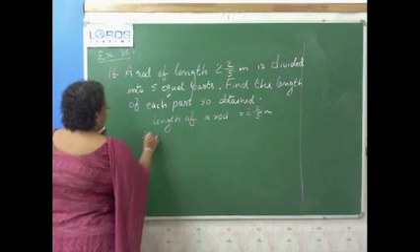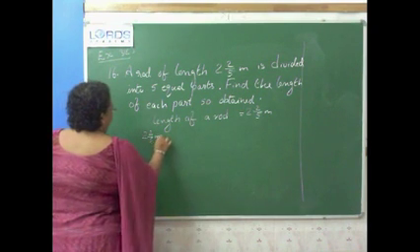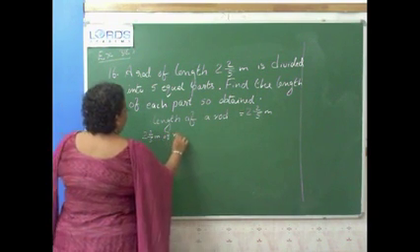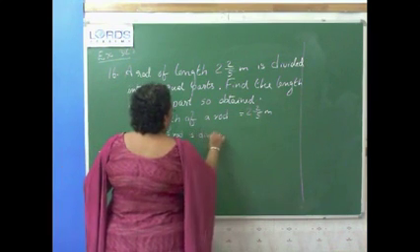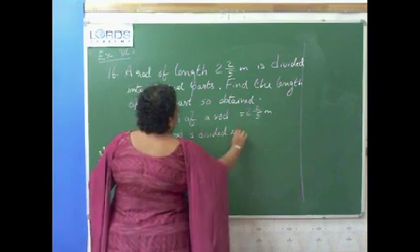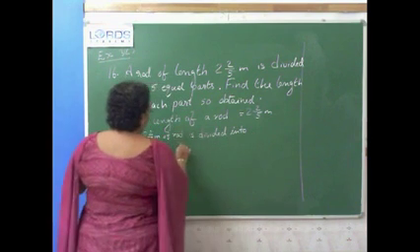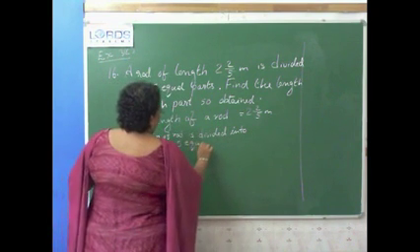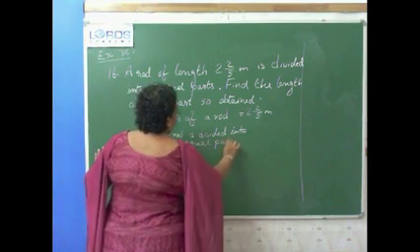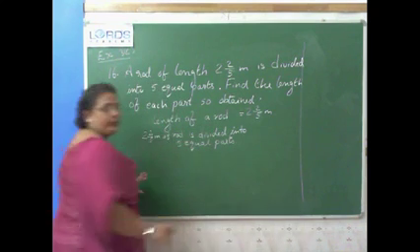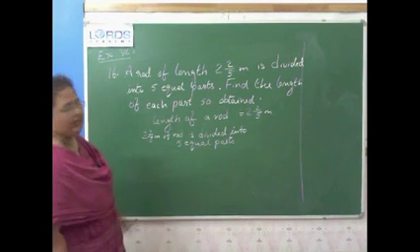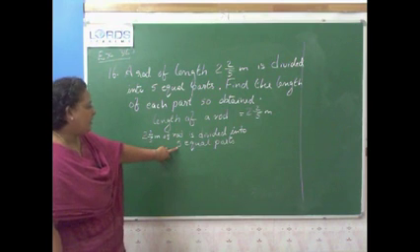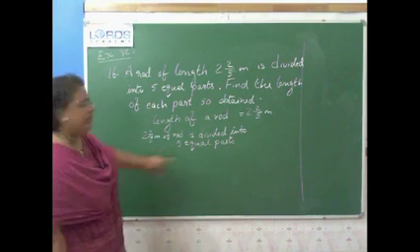The 2 by 5 meter rod is divided into 5 equal parts. I think it is clear to you. This big rod is divided into 5 equal parts. So what is the length of each rod?